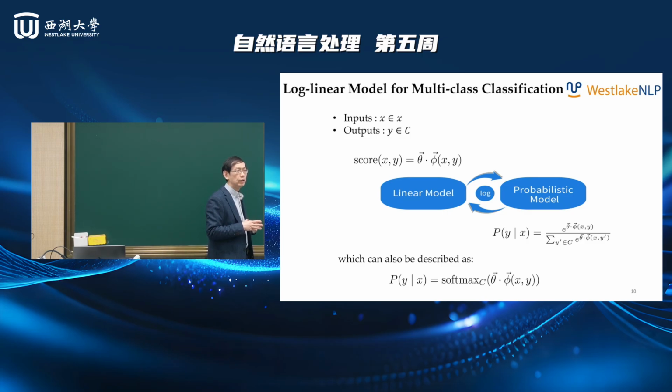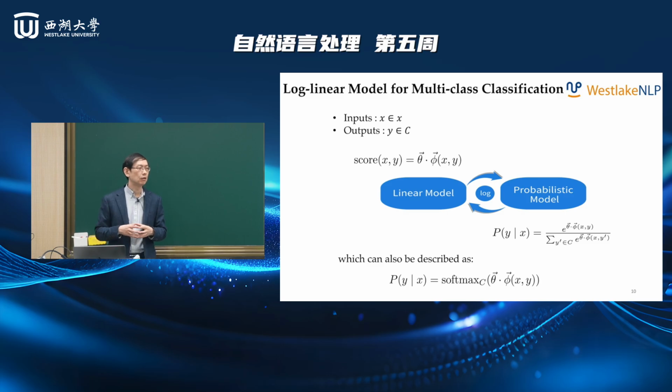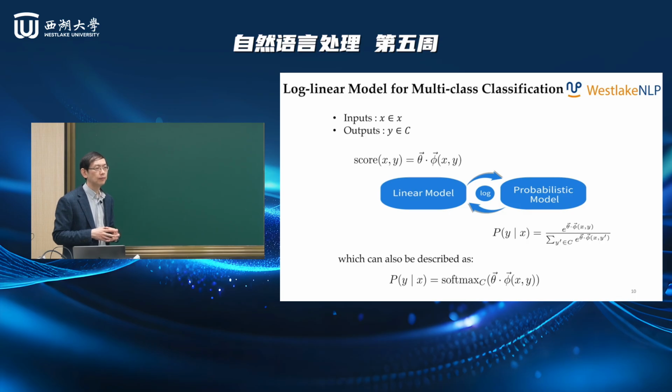We use the sum over all possible class labels of e to the power of theta dot phi to divide the score of every class label, resulting in this equation. That's just a normalization, normalized over the score of every class label.